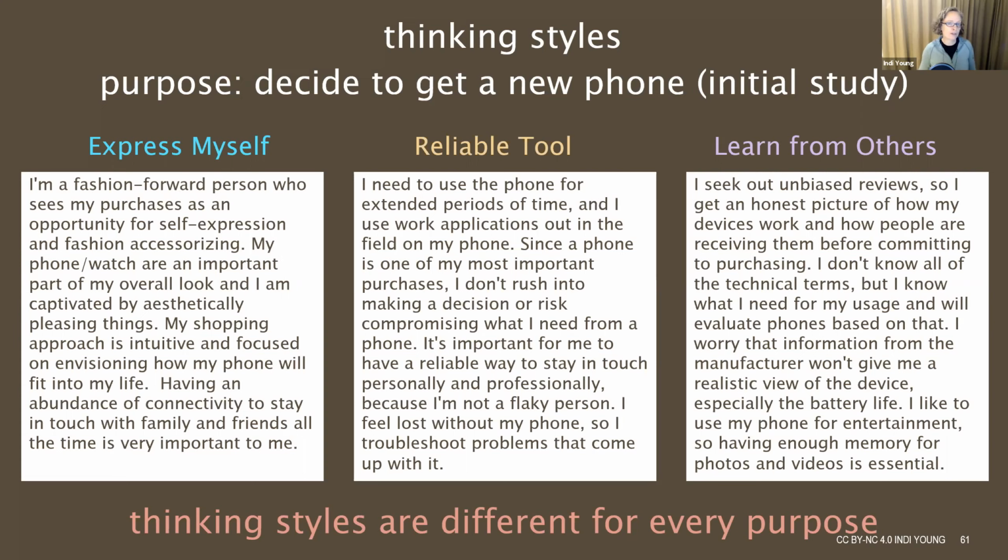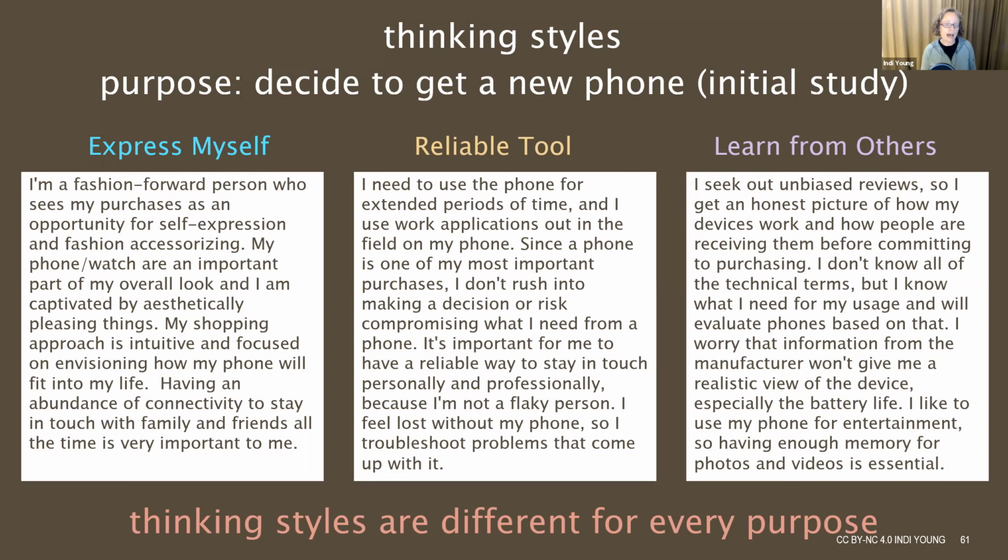It's a series of first person present tense, verb forward, key point sentences that represent this philosophic approach and are stretchy enough to incorporate different contexts. And speaking of context, a person, when they're deciding to get a new phone, in one case, they might be one way and express themselves, but in another case, later, maybe after having kids or something, they may change to a different thinking style.